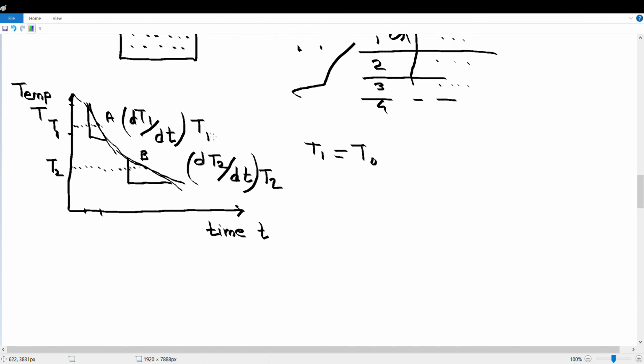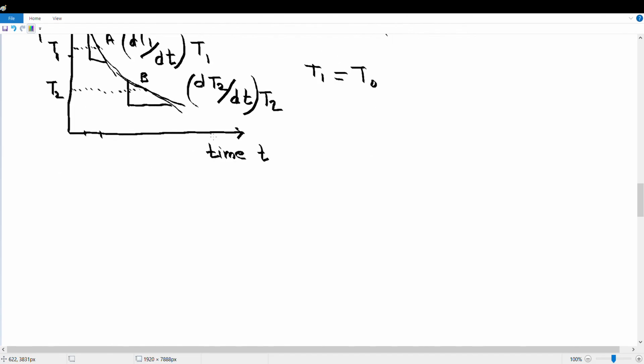If we draw a graph of the rate of cooling, dT by dt, against the temperature axis, what is the temperature axis?